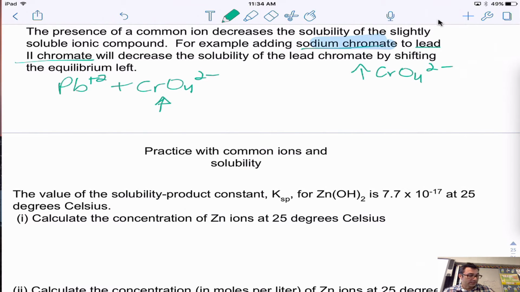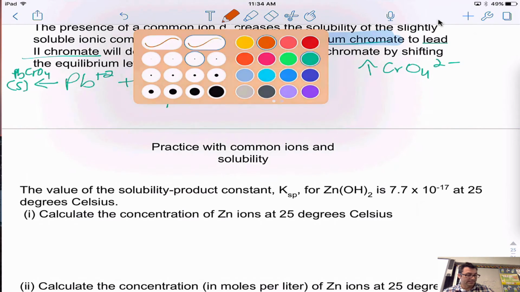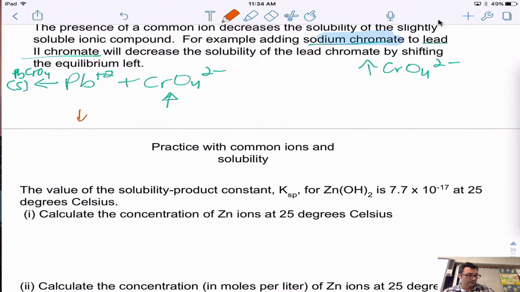As a result, it would shift back to the left side of the reaction, and that left side of the reaction would be producing the PbCrO4 solid. So whenever you add a common ion, an ion from another salt that is the same as an ion that already exists, it will shift the equilibrium back to the left. What will be the result of this stress is that the concentration of Pb+2 will decrease considerably.